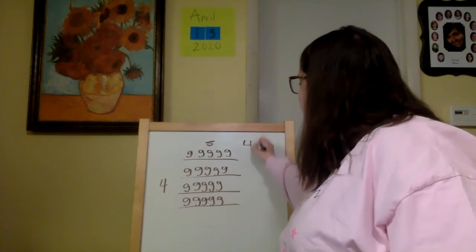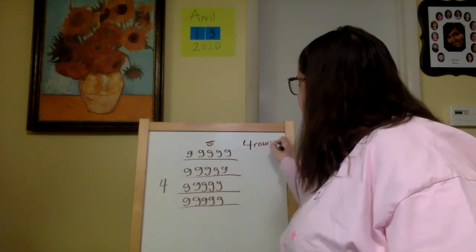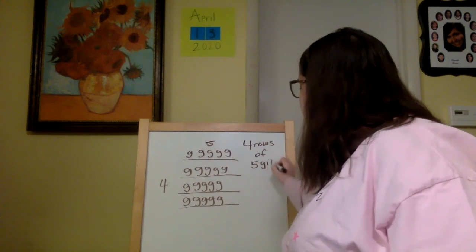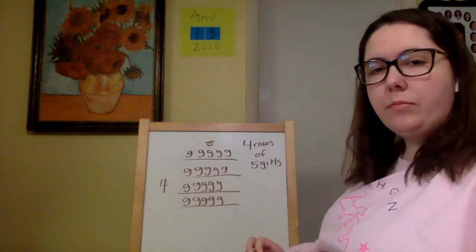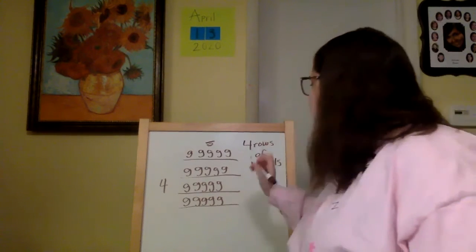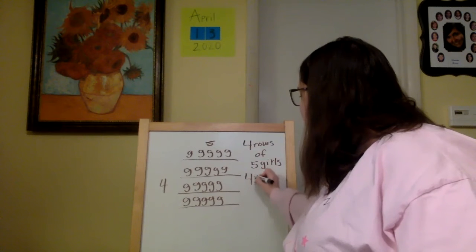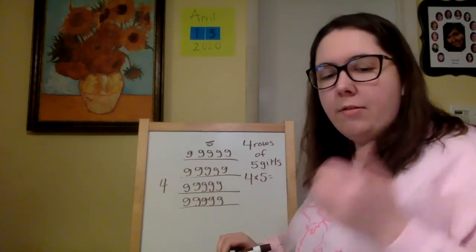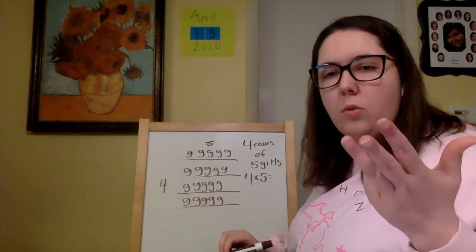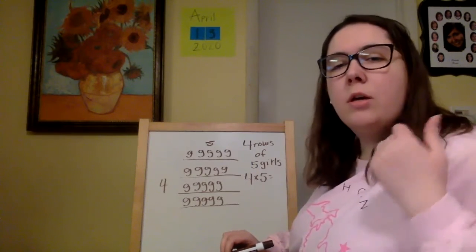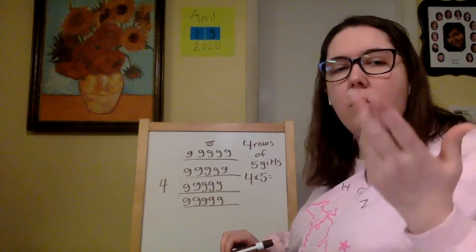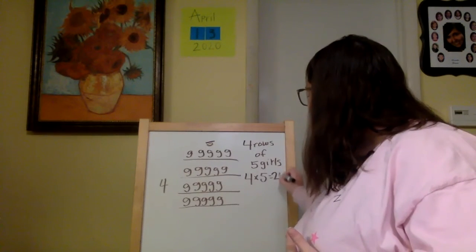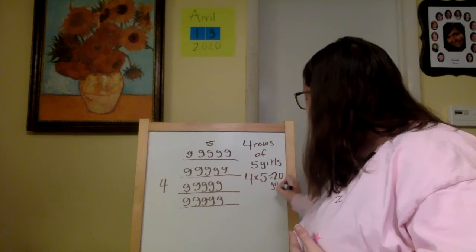There are 4 rows of 5 girls. And the multiplication sentence is 4 times 5. And 4 times 5 is 5, 10, 15, 20. Or you can count by 4s. So 4, 8, 12, 16, 20. And you see there are 20, and then you got to write girls.